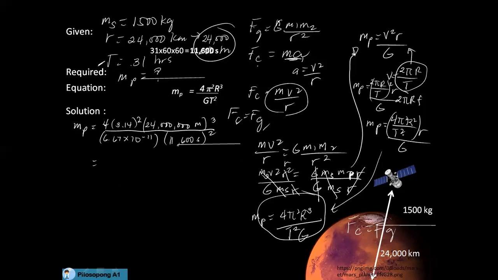Okay, for this one alone, we get an answer of 39.4384 multiplied by the cube of 24 million. Just using my calculator, we have 24 million.